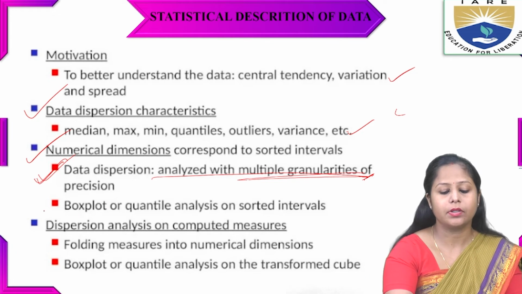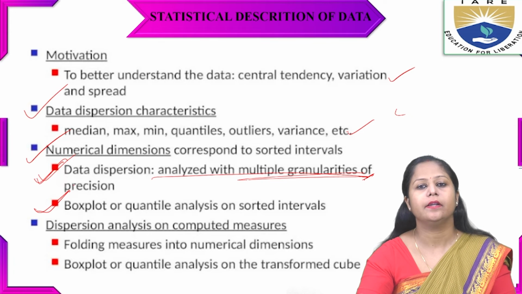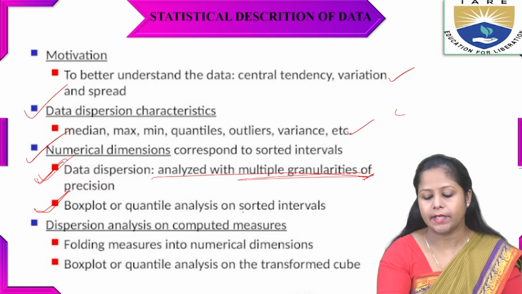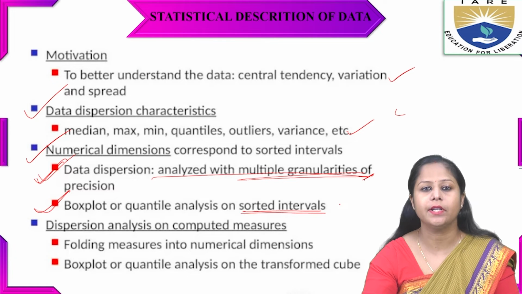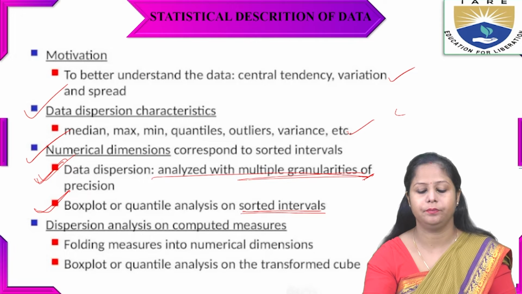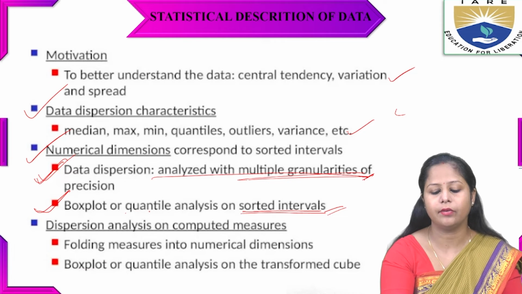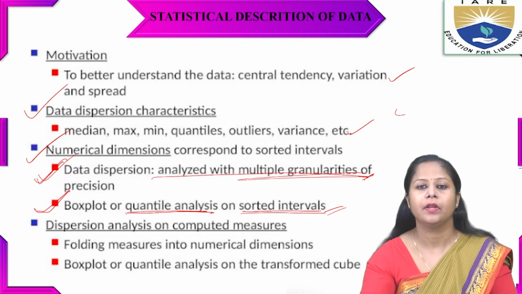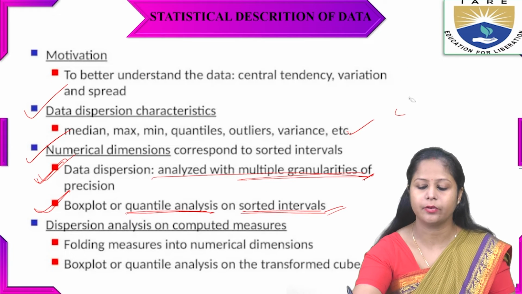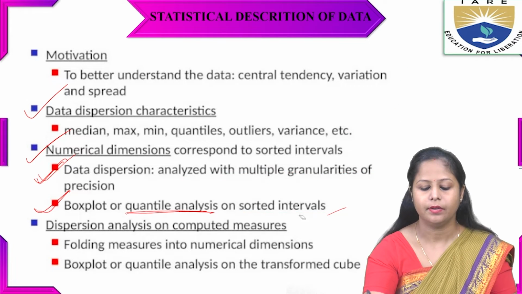We can also represent that data in a box plot or quantile analysis for the sorted intervals. If the data has sorted intervals, then we plot the box plot for visualization. Or we can have the quantile analysis to see the data dispersion, the variation of the data.